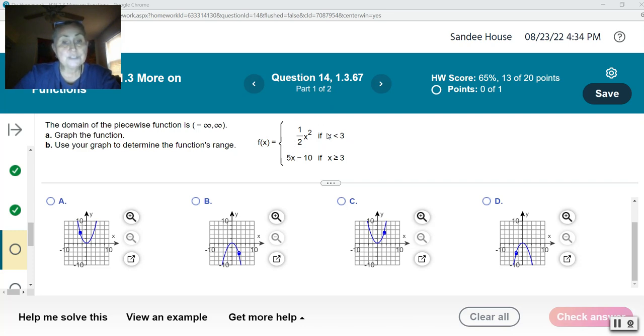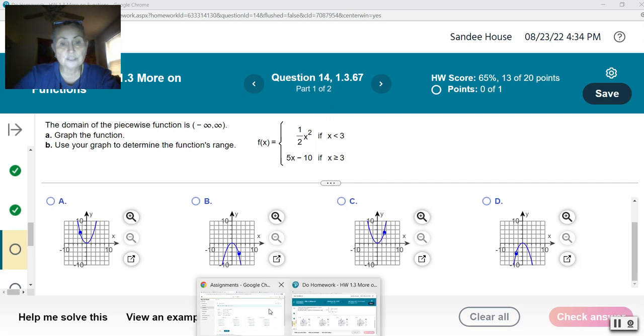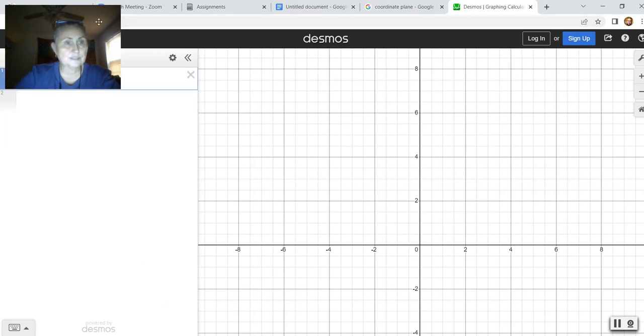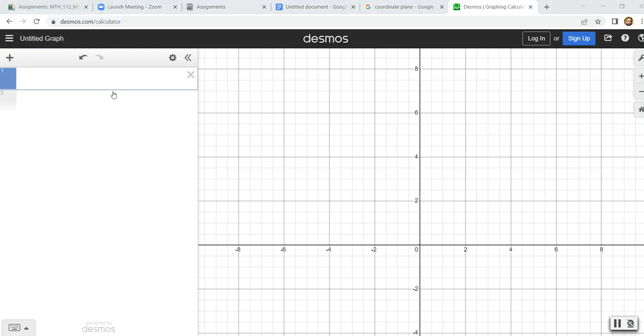Now, this is going to be a curve. So let me show you using Desmos what this parabola looks like. All right, so you can't see the function because of my picture. So let me take that off.